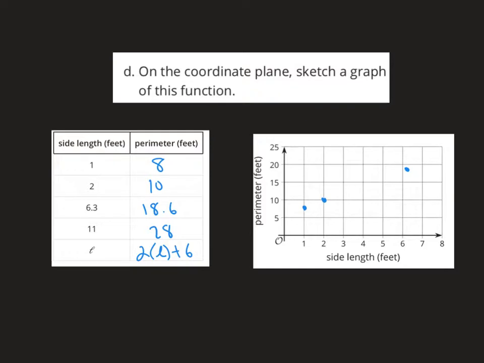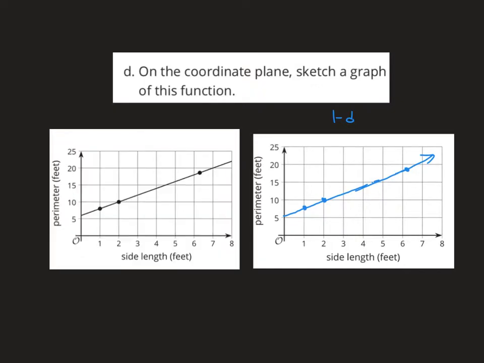Well, it's going to start off over here and go nice and in a linear fashion. Notice no curve. This is linear. One-dimensional pieces tend to be linear graphs. Two-dimensional pieces tend to be curves. Again, if you want the author version, very similar to mine, just minus any imperfections.